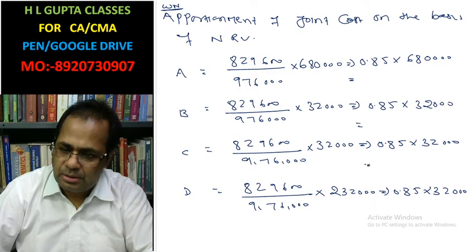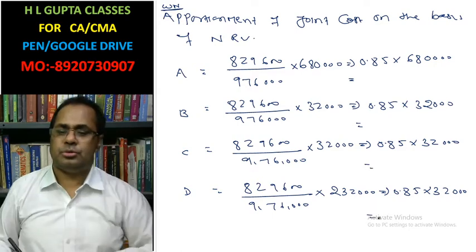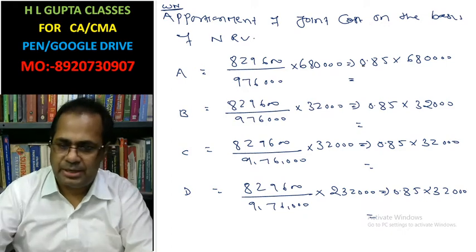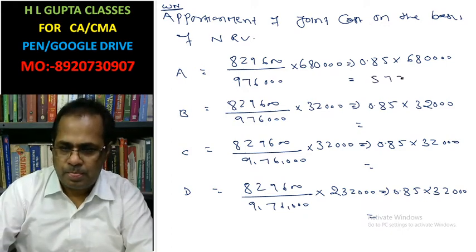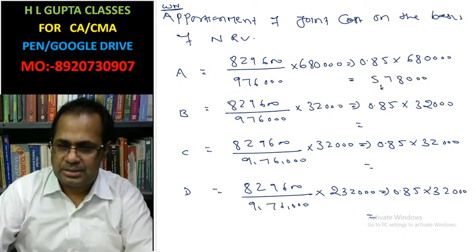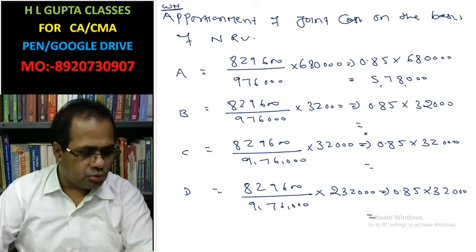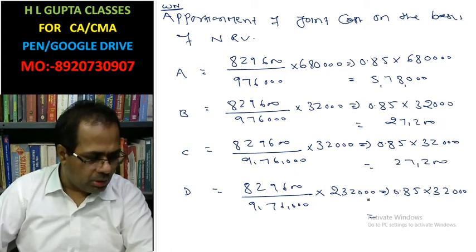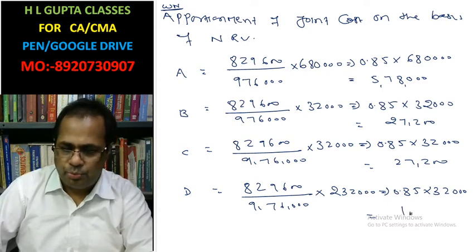This is your joint cost per product, and it comes to 5,78,000, 27,200, 27,200, 1,97,200.